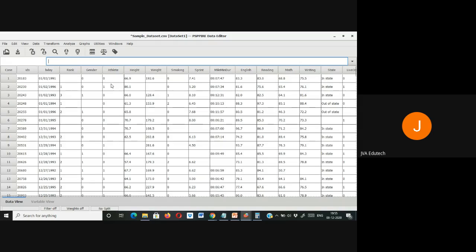So we will check the time taken by athletes versus non-athletes to run 1 mile distance, whether this difference is statistically significant or not. Means we have to check the time taken by athletes versus non-athletes for 1 mile. Is this the same in both the cases or different?